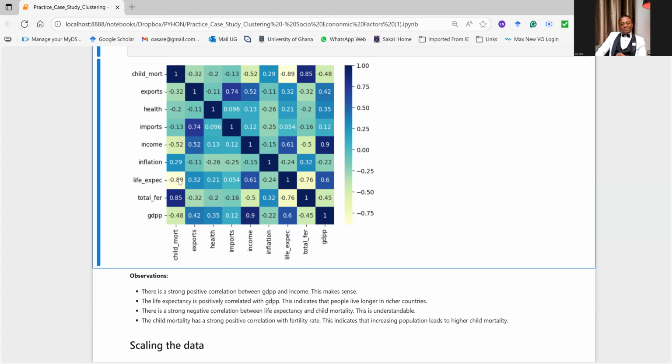I don't understand. So child mortality means that the number of people who die when either they are given birth to or in their first few months or years on earth is high. So in the grand scheme of things, for a particular country, so long as your child mortality rate is high, that will mean that there are lots of people dying at a very low age.